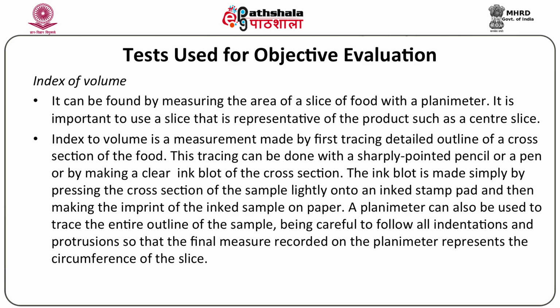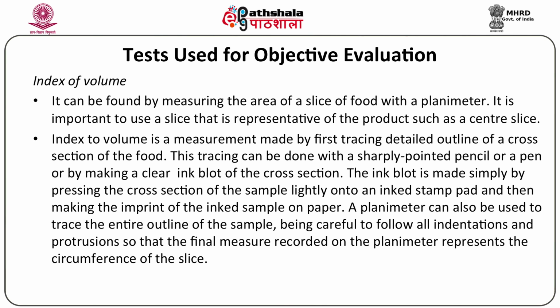Next, index of volume. It can be found out by measuring the area of a slice of food with a planimeter, for example, a slice of bread. It is important to use a slice that is representative of the entire product, such as a slice from the center of the loaf of bread.